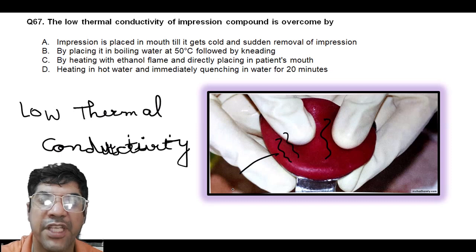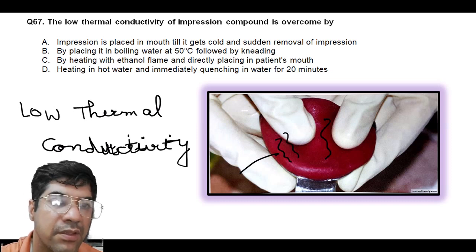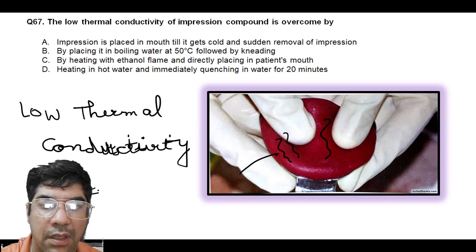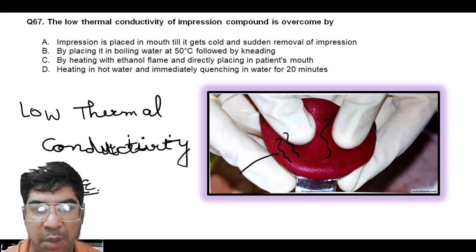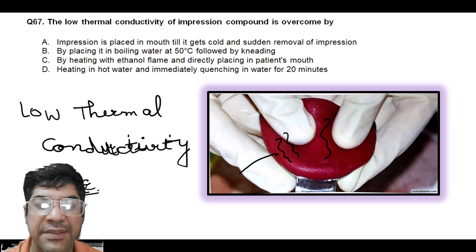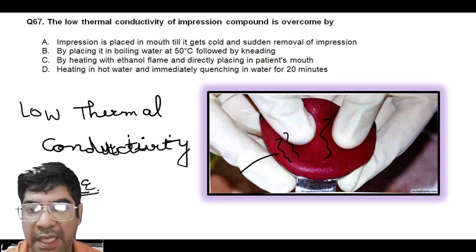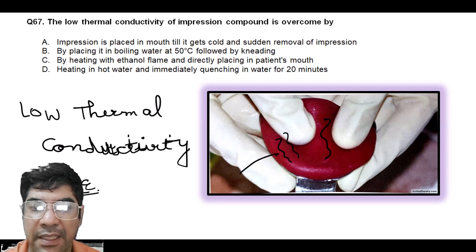Other is the coefficient of thermal expansion. This property of impression compound is attributed to the presence of resins and waxes in its composition. This property is important because it allows the material to expand when heated and contract when cooled.